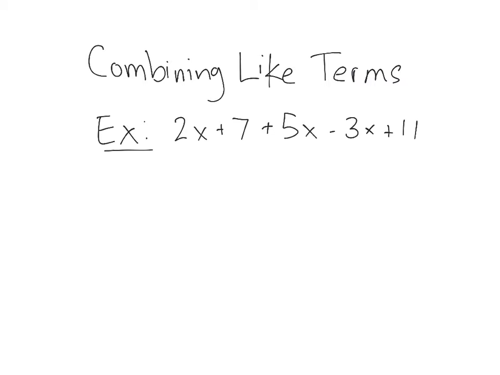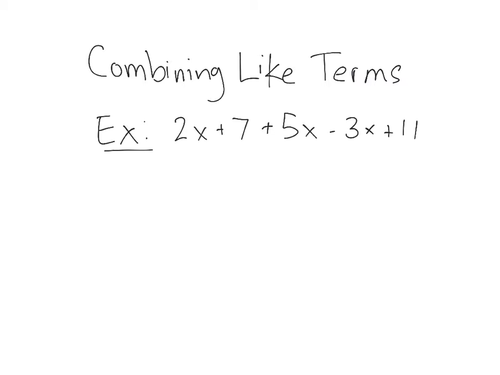As you can see, there's a lot going on here. So if I were to solve an equation with all of these parts, there would be a lot of things to undo, and it would be easy to get confused. However, if we combine like terms first, this problem will actually become quite simple.